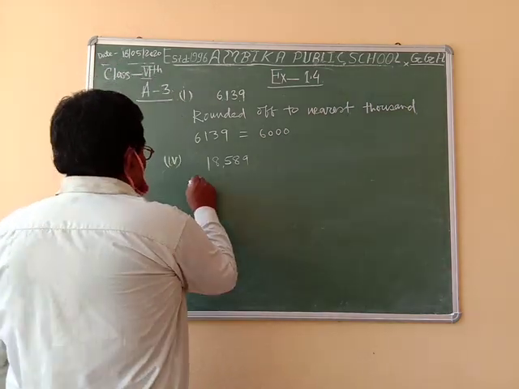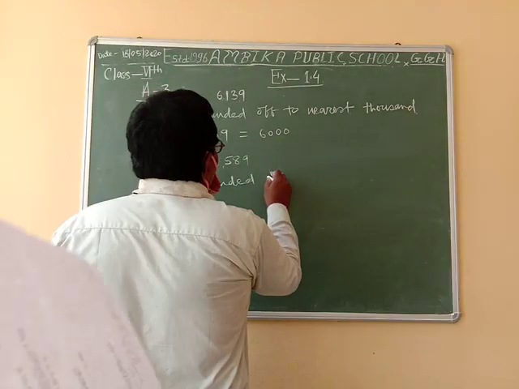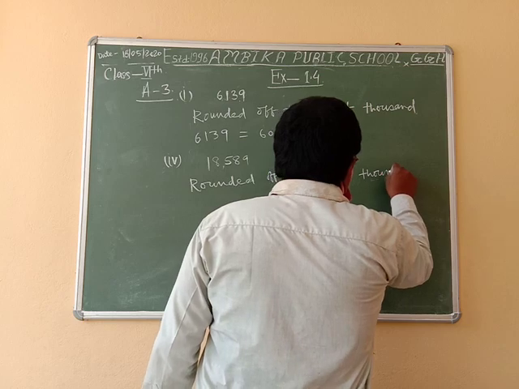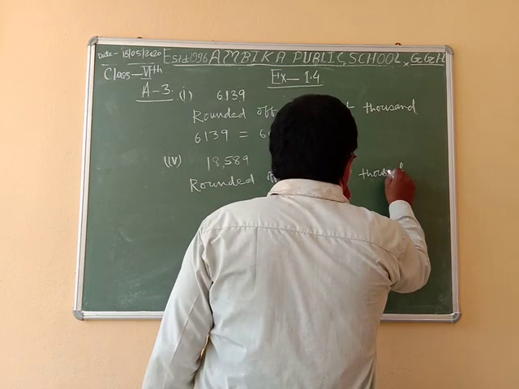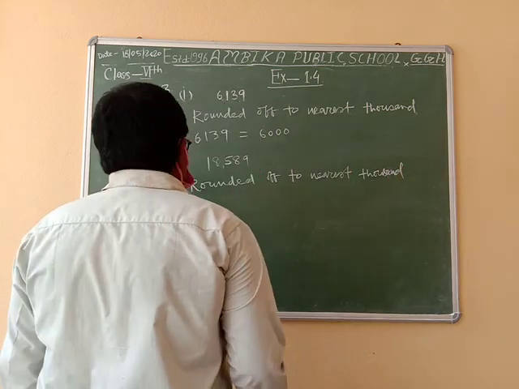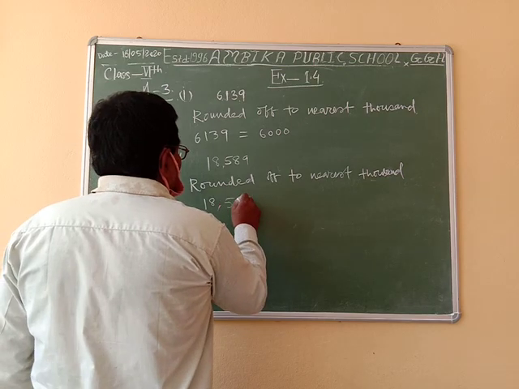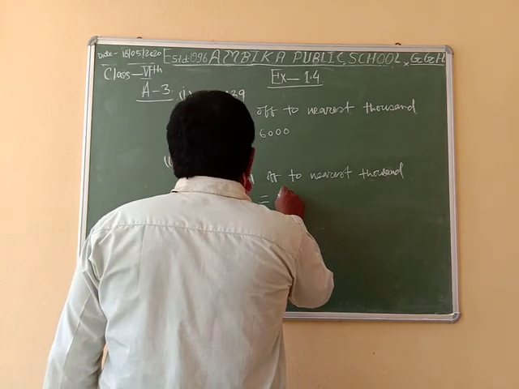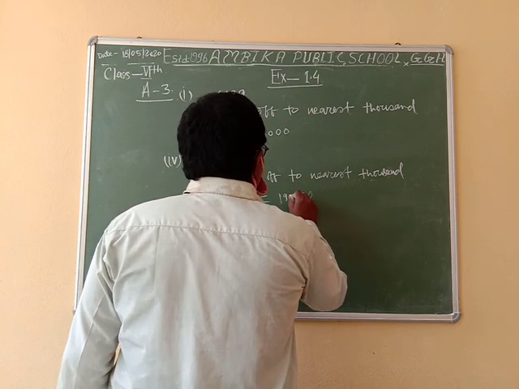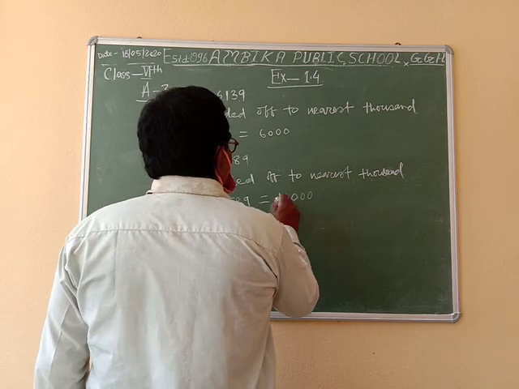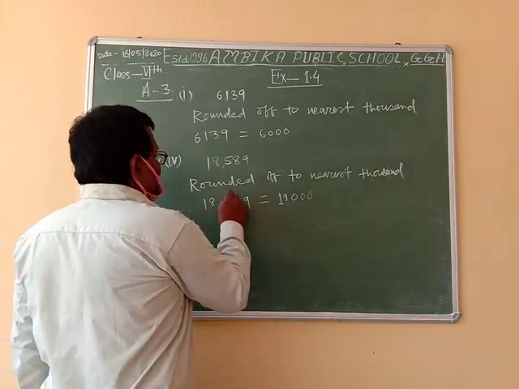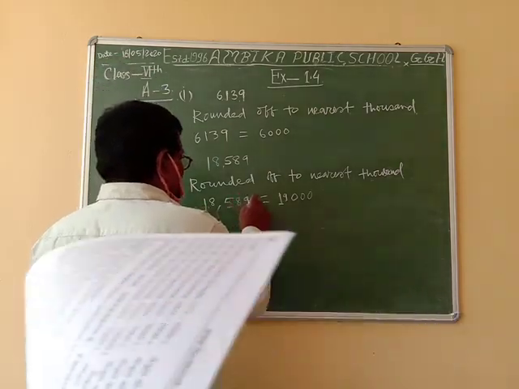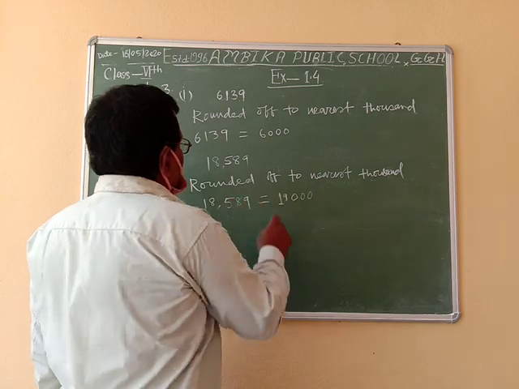Rounded off to the nearest thousand, 18589 is equal to 19000, because the hundreds digit is 5, so we increase the thousands digit by 1 and write 000 at the hundreds, tens and ones digits.